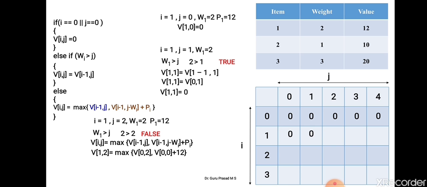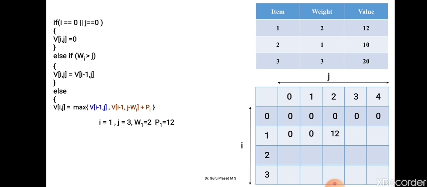Fetch the values from the matrix: V of 0, 2 is 0, V of 0, 0 is 0, plus profit 1, which is 12. Max of 0, 12, the maximum value is 12.